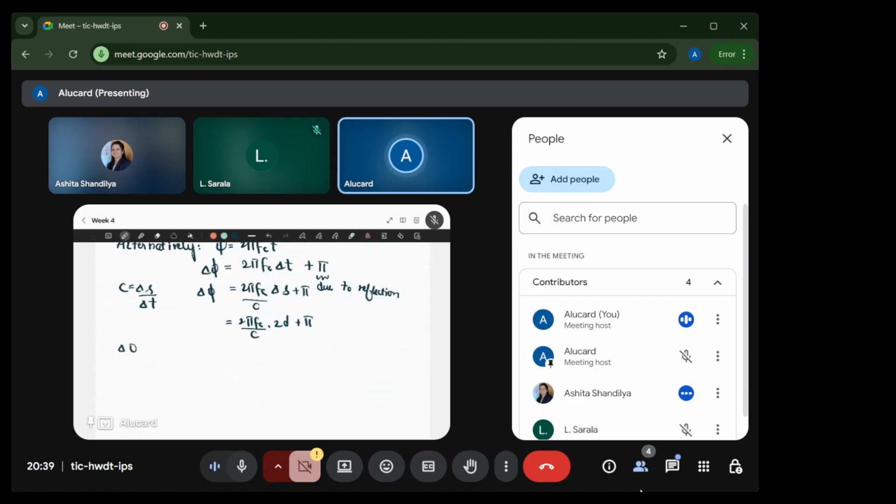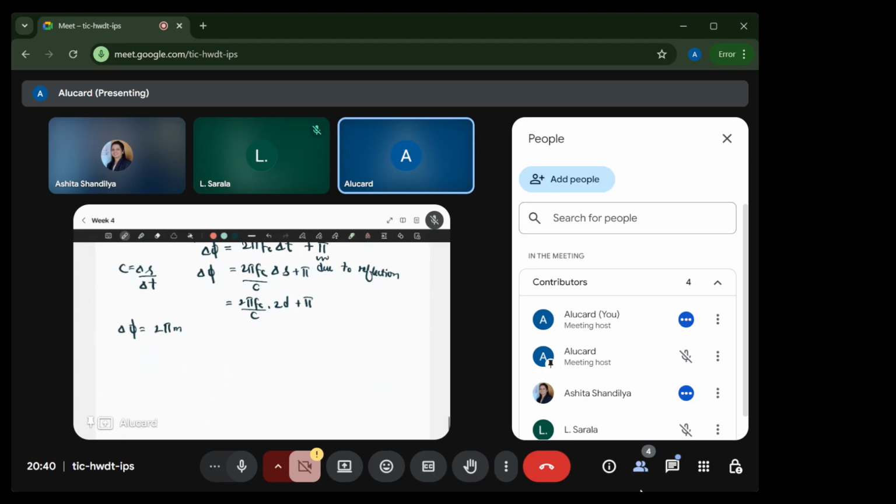So delta phi is 2 pi m. So 2 pi m is pi into 4d over c plus 1.